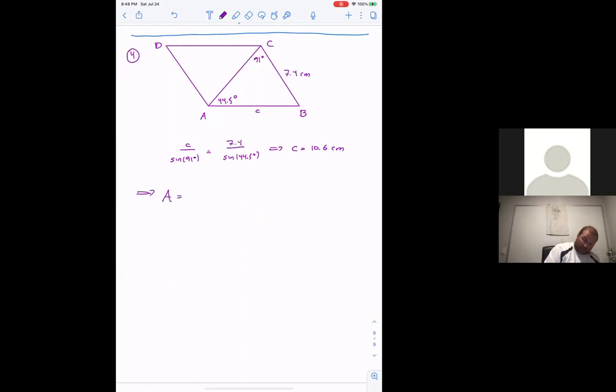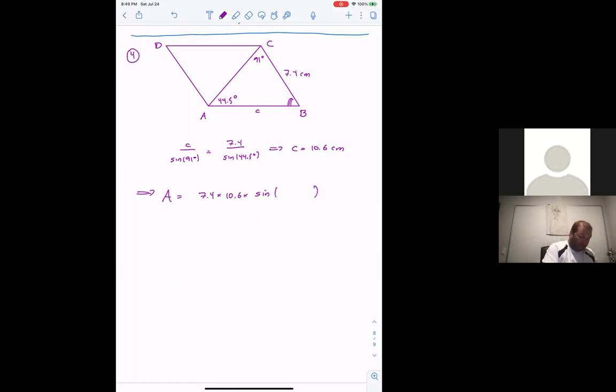And therefore the area is twice 1/2 AB sine C. It's the formula for a triangle times 2, because it's a full parallelogram. So the 2 and the 1/2 cancel, and I'm just left with 7.4 times 10.6 times... Oh, and we need one more thing. We need the angle that's between them. We need B hat. That's not a problem because we have 91 and 44.5.